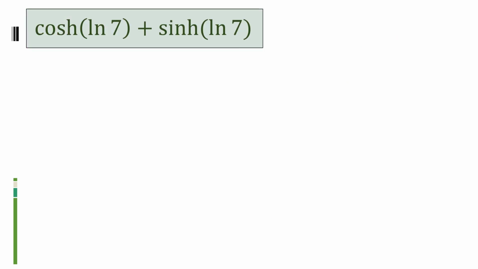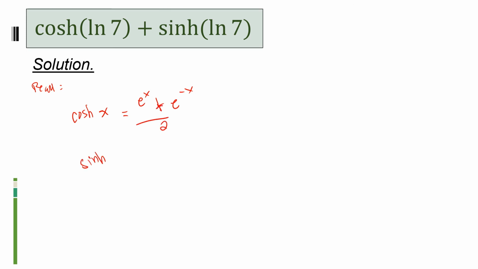And finally, the exact value of the sum of the hyperbolic cosine of ln7 and the hyperbolic sine of ln7. So let's recall that hyperbolic cosine of x is equal to e raised to x plus e raised to negative x over 2, and that the hyperbolic sine of x is equal to e raised to x minus e raised to negative x over 2.